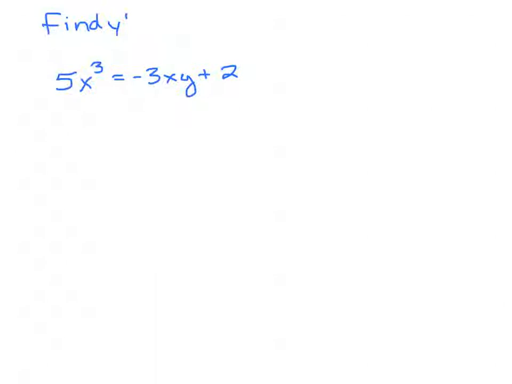Okay, here's another problem, same idea. It's just going to be a little more complicated because we have x times the y here, so we're going to use the product rule. So we want to find y prime, which is the same thing as dy dx, remember. Okay, so we're looking for dy dx. So we're going to take the derivative with respect to x of both sides.